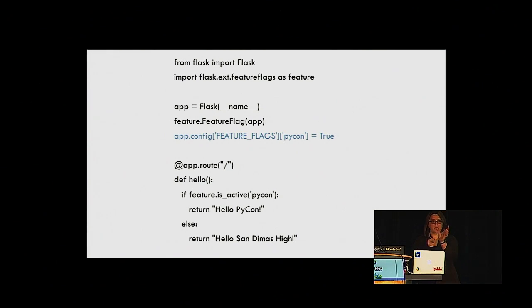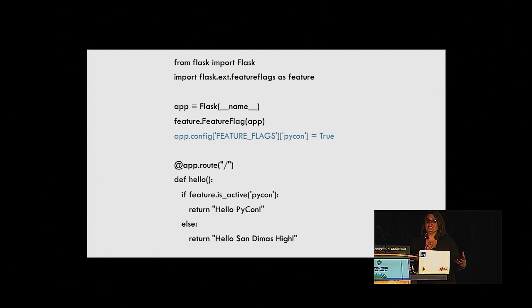The names of the keys are going to be the name of the feature, and the values will be Booleans. True, the feature is on. False, the feature is off. So this is how you would turn a feature on: app.config FEATURE_FLAGS, name of the feature, True. If I run this, I will get hello PyCon.